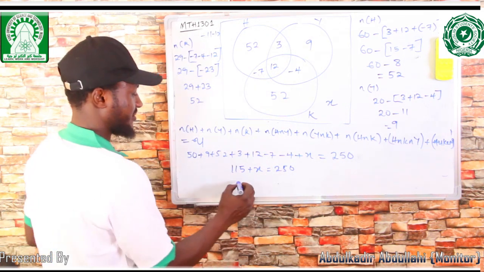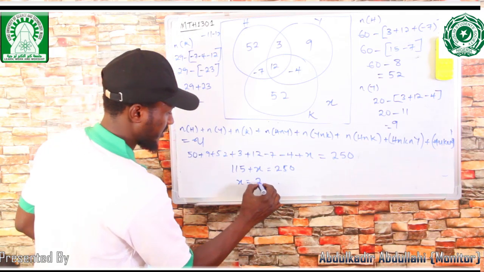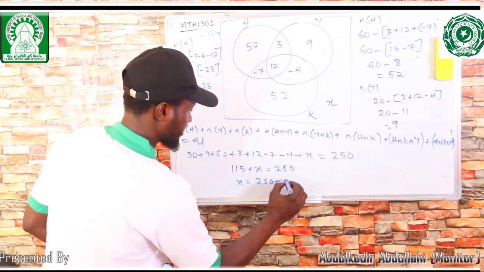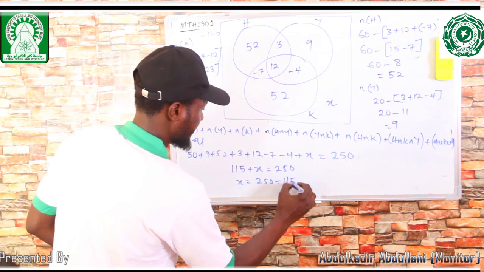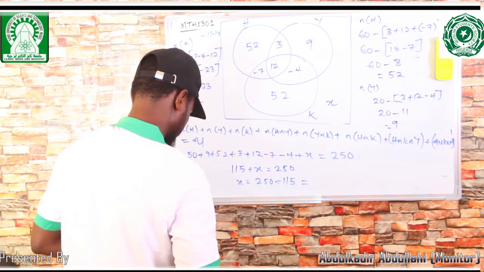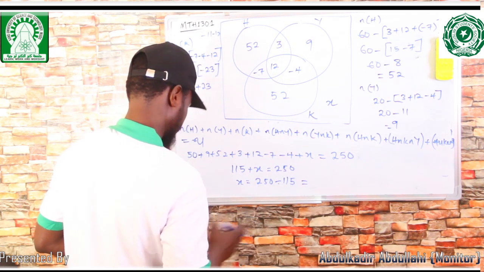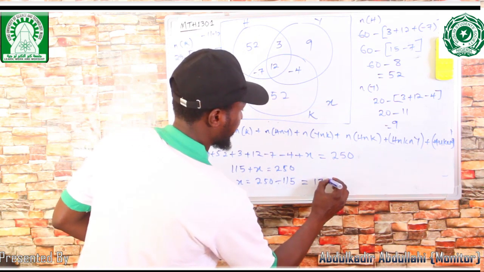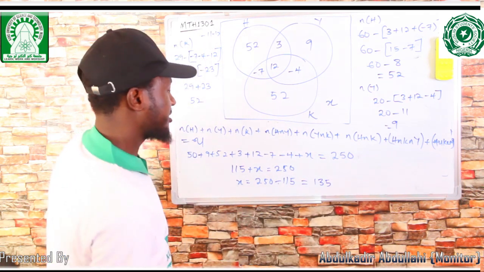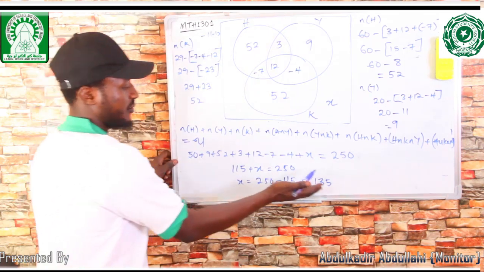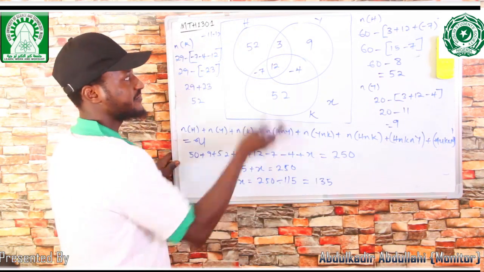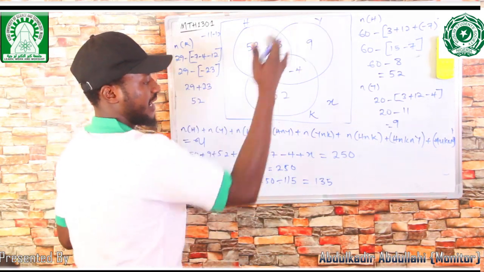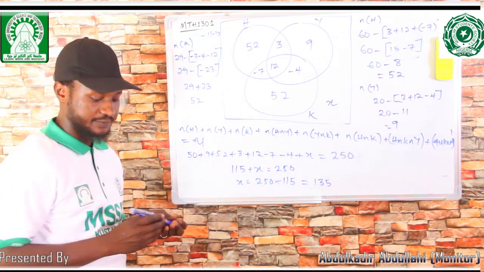Now we just collect like terms by saying X is equal to 250 minus 115, which is equal to 135. So this 135 is the number of people who do not speak Hausa or Yoruba or Kanuri.